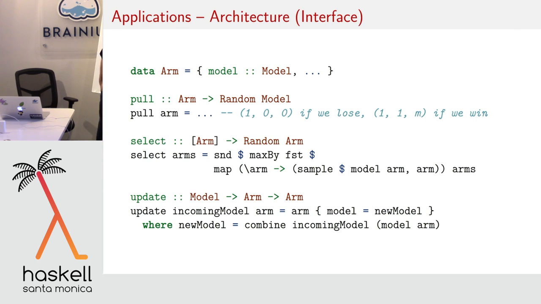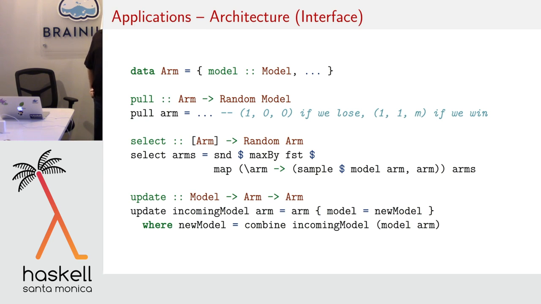So we take the max, the guy with the max sample, and now we have one pair, and we didn't really care what the sample was. We just wanted to roll all those dice and see who won. And so we take the actual arm that had the largest sample.